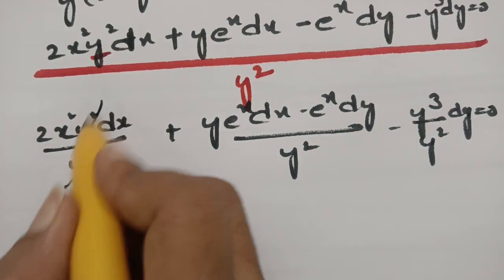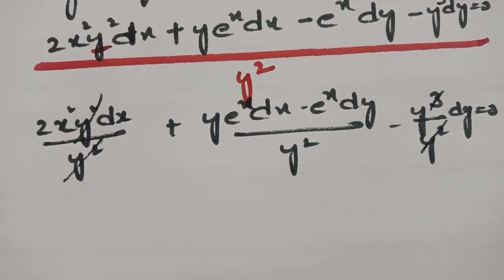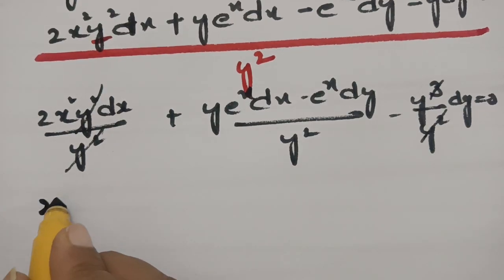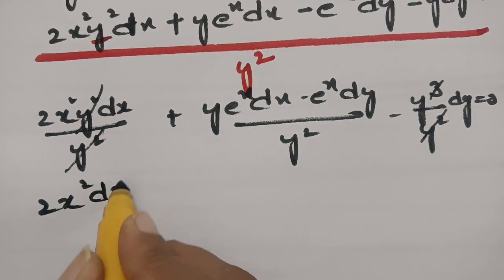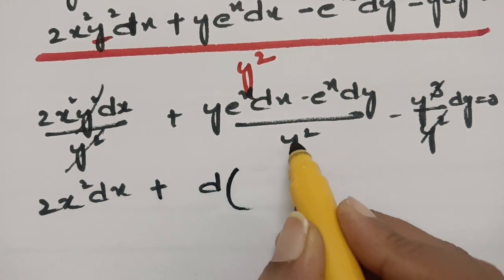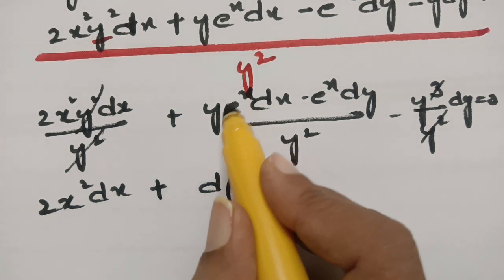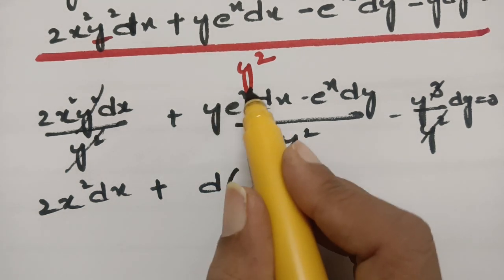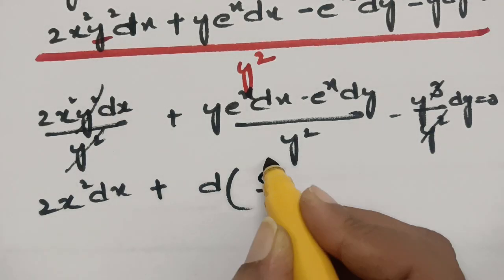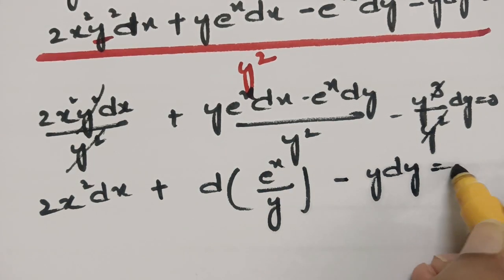Now I can cancel these two and these two y's, and what remains here? One y remains. So this can be written as 2x square dx plus the derivative of, here in the denominator y square, I am writing y one time, e power x by y, minus y dx is equal to 0.